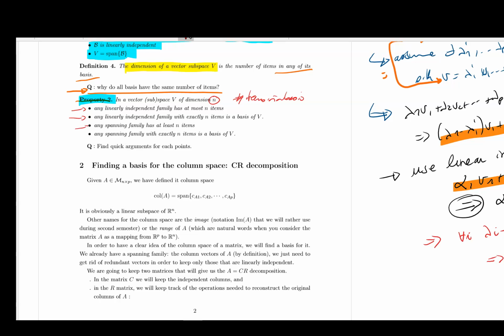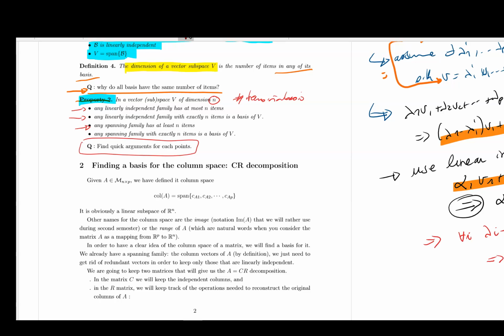And similarly to what was before, any spanning family with exactly n items is going to be a basis. Okay, right. So find quick arguments for each point. Again, this is the kind of thing you can think about in the coming days.